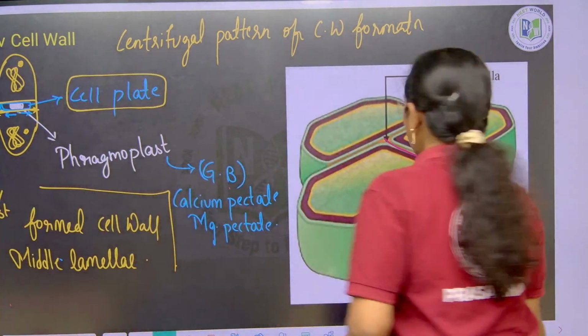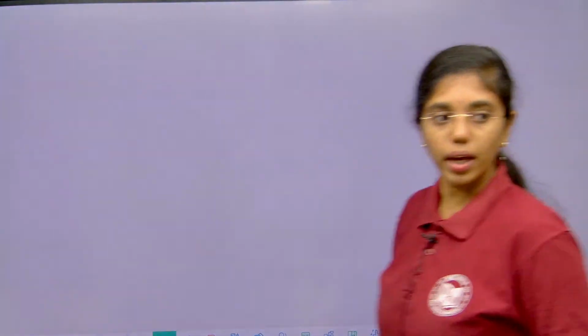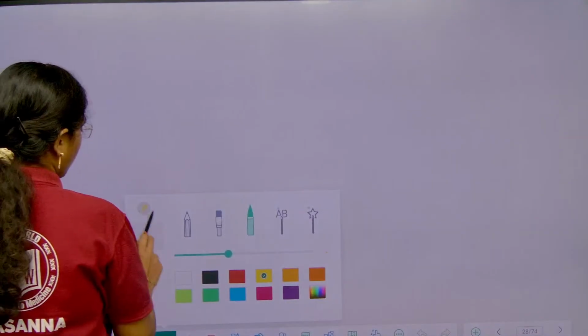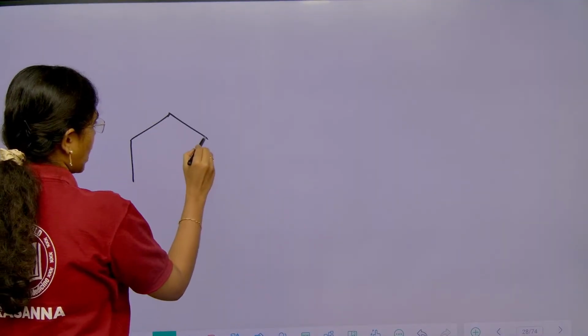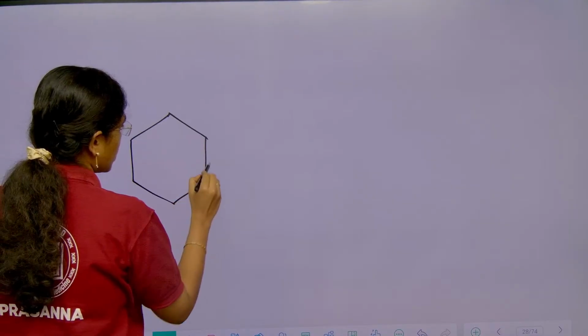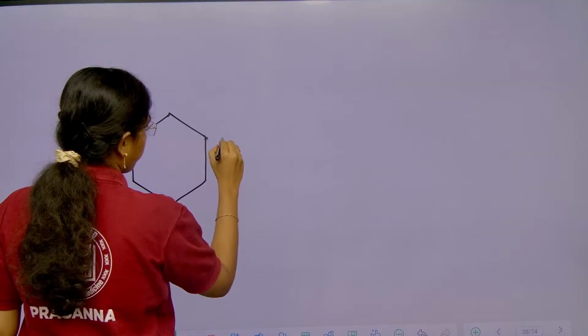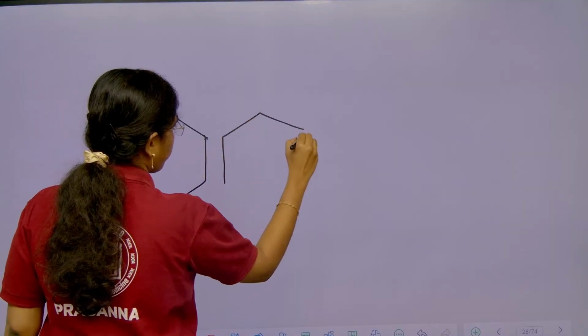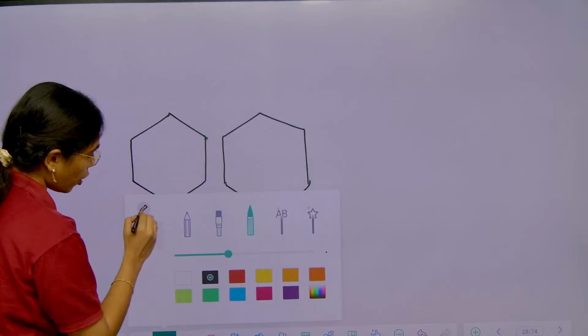Now, let us see how primary and secondary cell wall layers are formed. Okay? Primary and secondary cell wall layers. Assume this as the cell, plant cell. First formed layer is what?